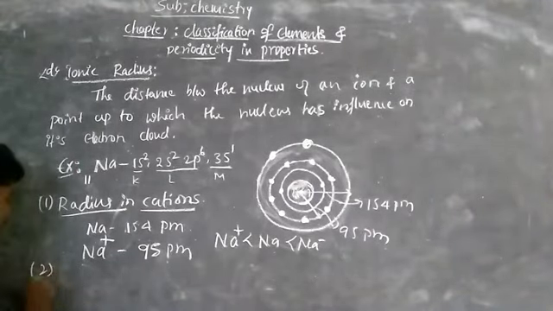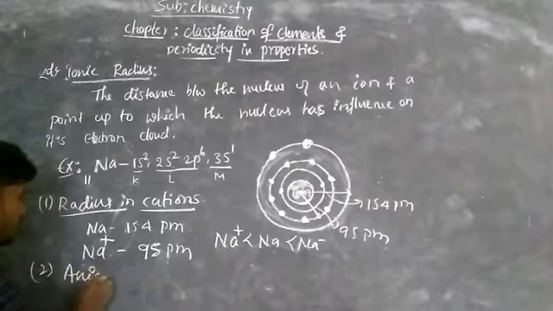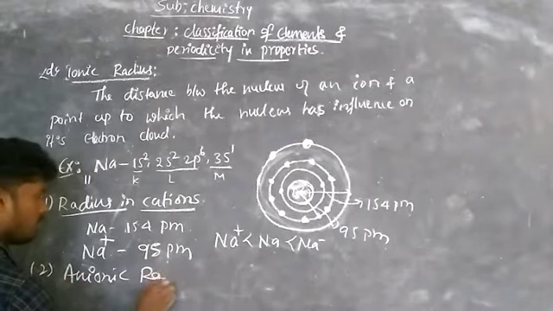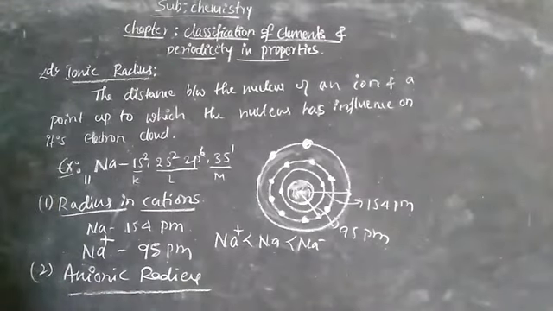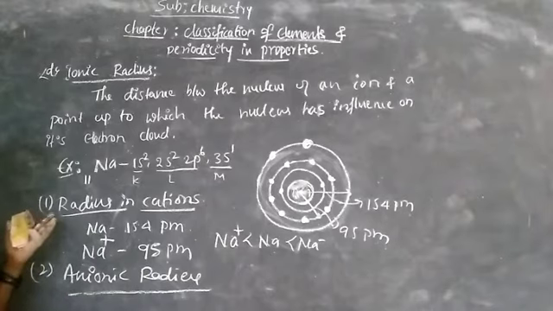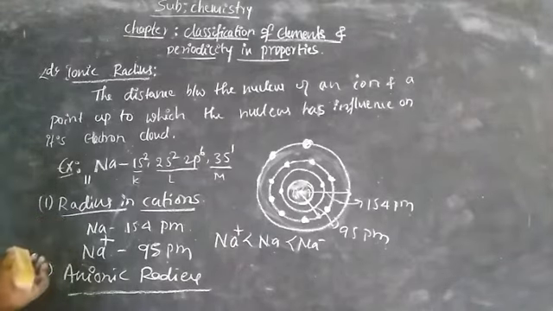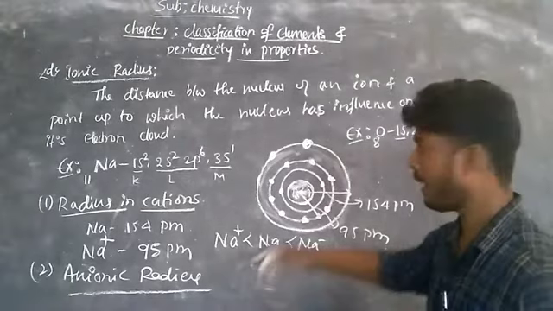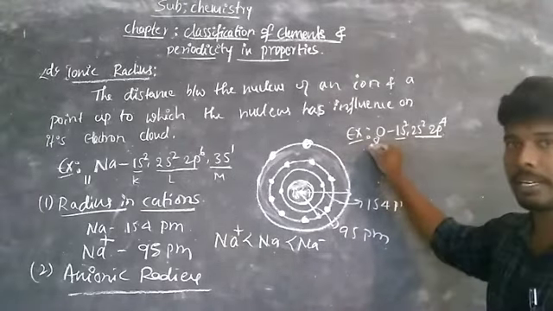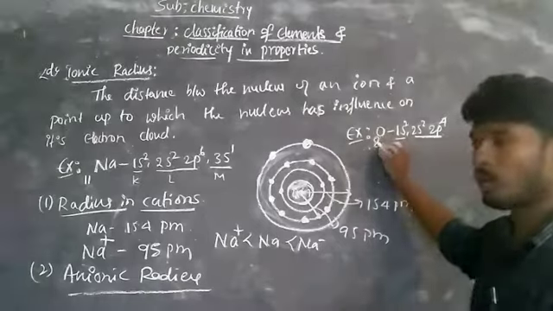Now take the second one, anionic radii. The anionic radius is always higher than the cationic radii. For example, take oxygen. Its atomic number is 8.